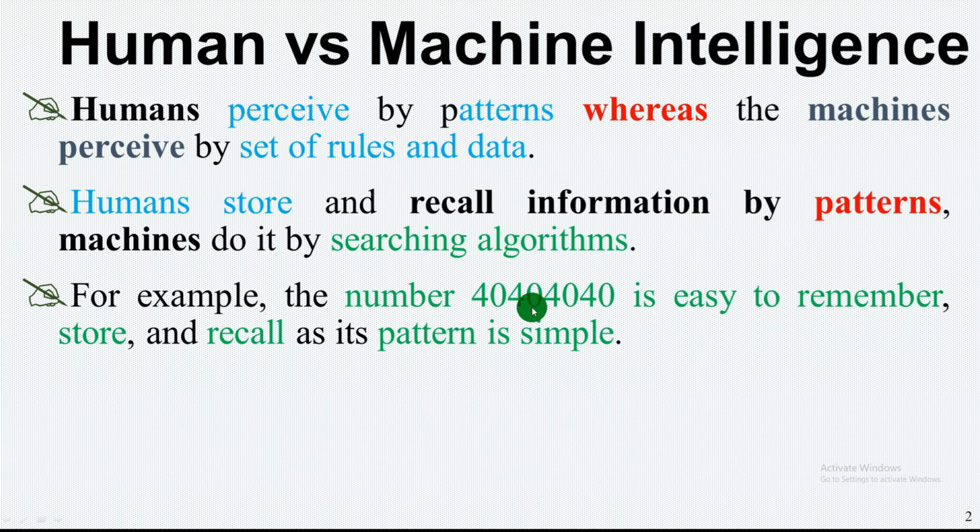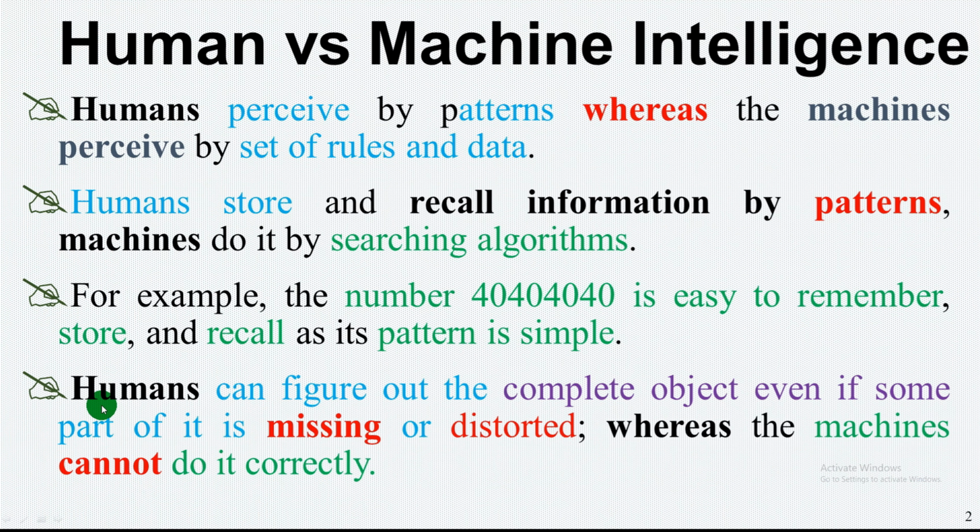For example, the number 40404040 is easy to remember, store and recall as its pattern is so simple, right? Because these are digits and we can remember and recall them simply by a pattern. Humans can figure out or recognize a complete object even if some part of it is missing or distorted.